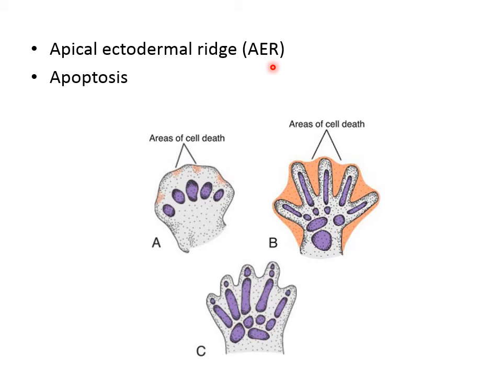The apical epidermal ridge results in induction of the underlying mesenchyme to form the digits, the metacarpals and phalanges, and in the foot the tarsus, the metatarsus, and the phalanges. So all of this process is done through apoptosis or programmed cell death.